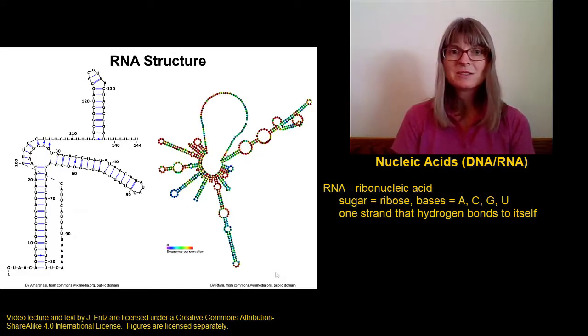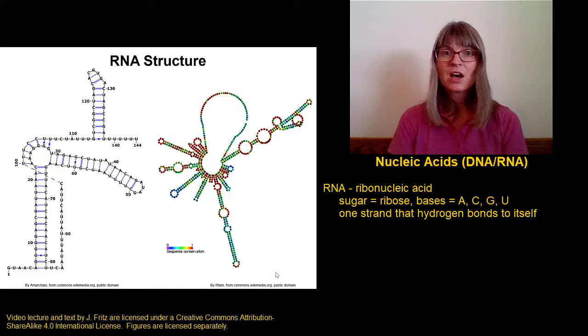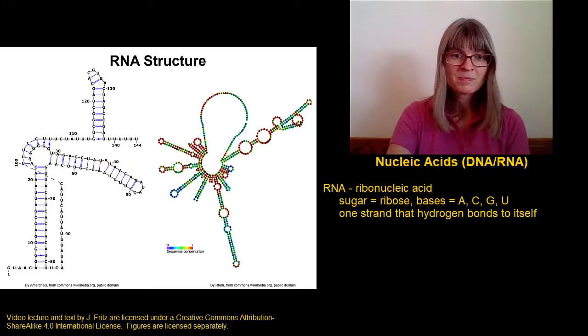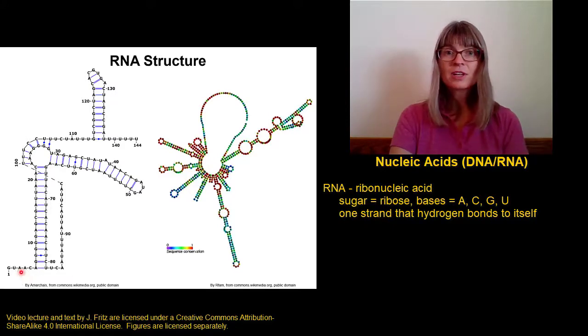So here on the screen we see a couple of examples of RNA structure. In this first structure, we can see that the strand of RNA starts right here where we see the one, and then it comes up this way and we can see all the A's and U's and G's, and it comes around here, and then it loops back on itself and starts forming hydrogen bonds to itself.